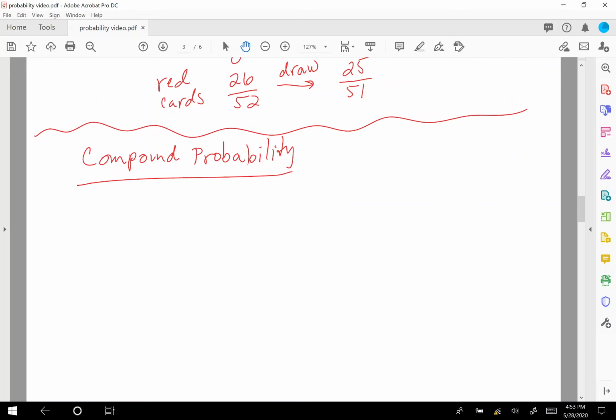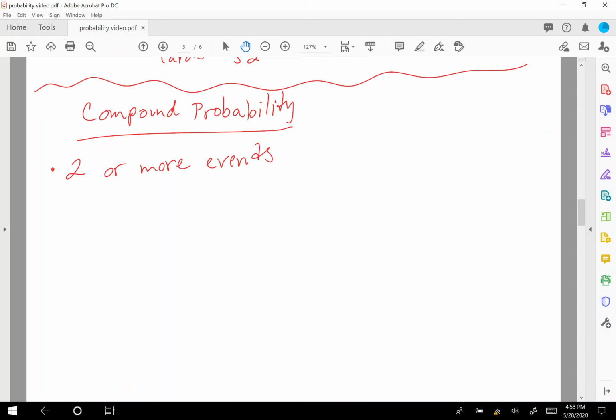It's when you have 2 or more events. If you have dependent events, then you're dealing with conditional probability there.